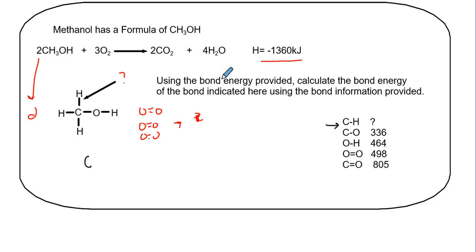One too many of those lines there. And then I got 4 waters. Now water, of course, looks like this. And I got 4 of those with 8 OH bonds. All right, hopefully you got that.